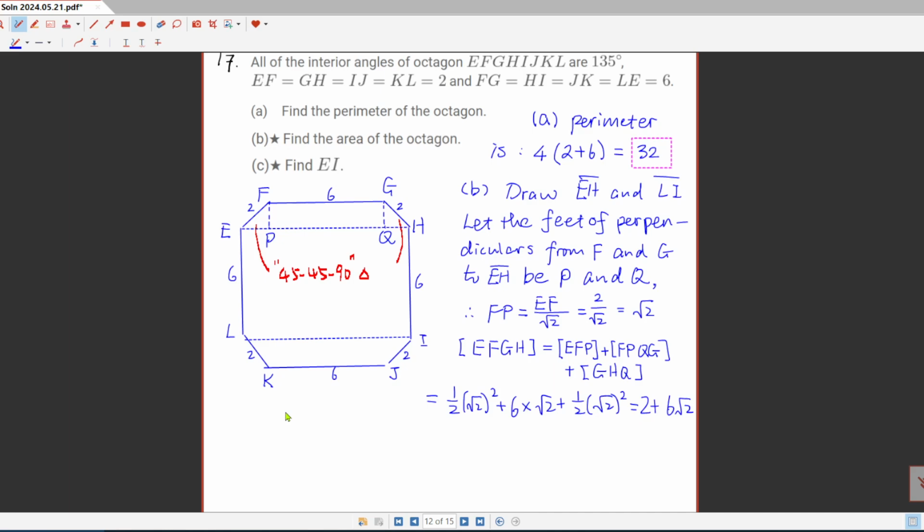And due to symmetry, we have the area of LIJK also equals the area of EFGH, which is also 2 plus 6 square root 2, right? And then we have the area of the rectangle in the middle, which is EHIL.